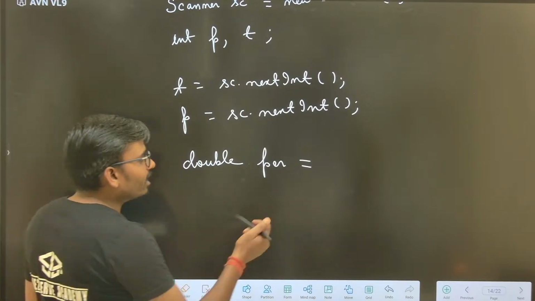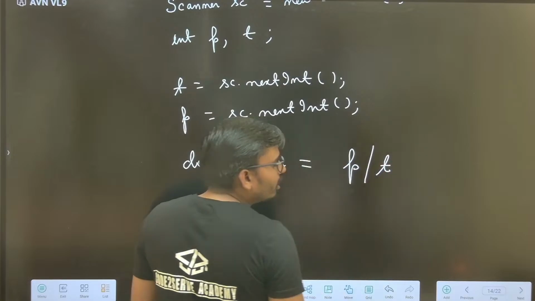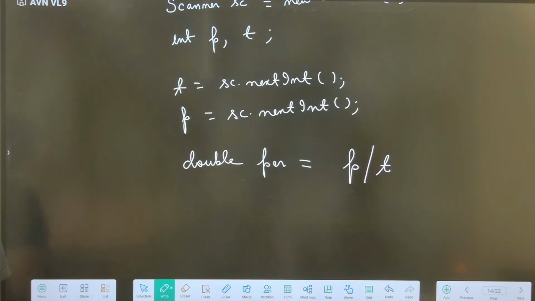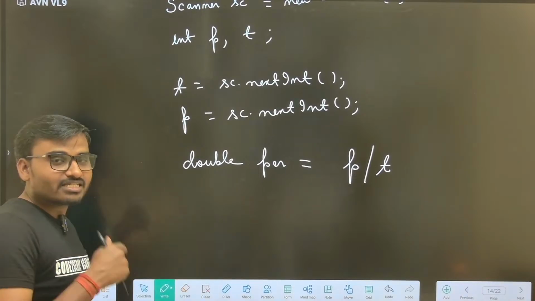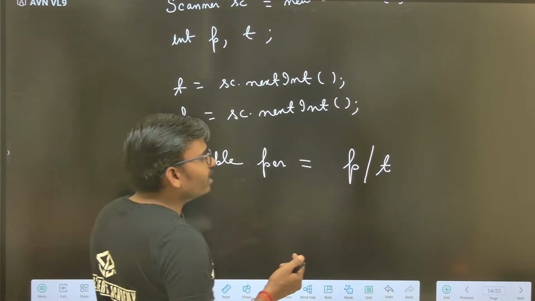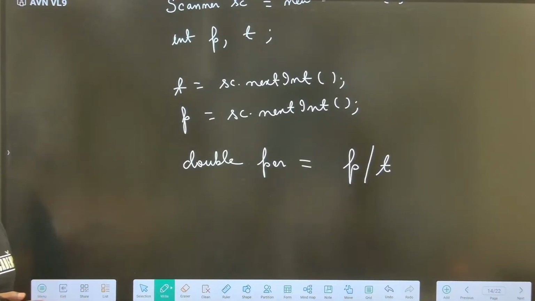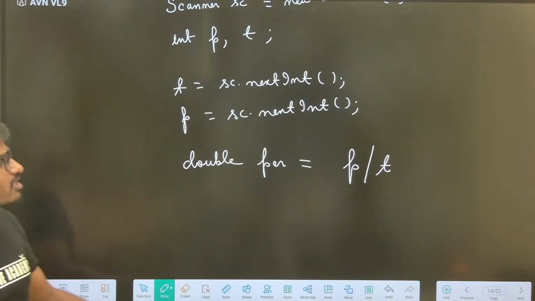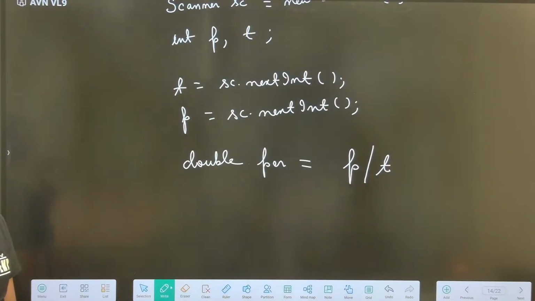You have to find the total percentage of classes you attended. So you will write P divided by T, and you want the result in the form of a decimal. If both the numerator and the denominator are integers, you might not get the decimal value.